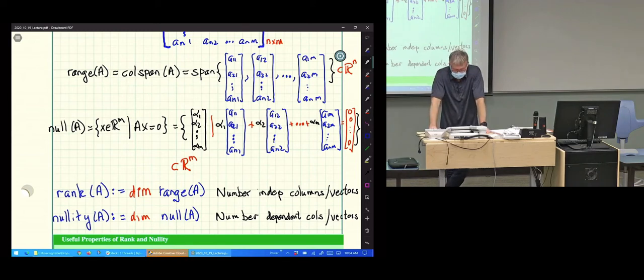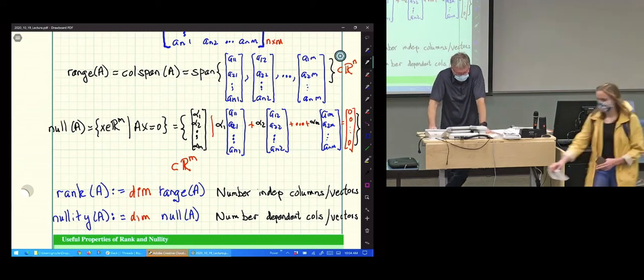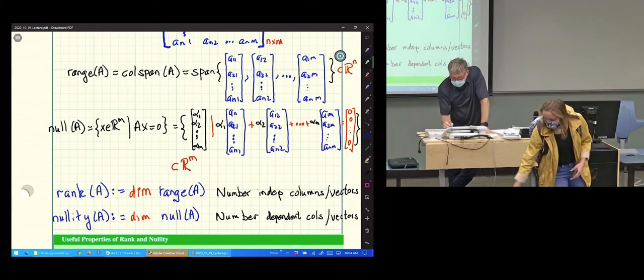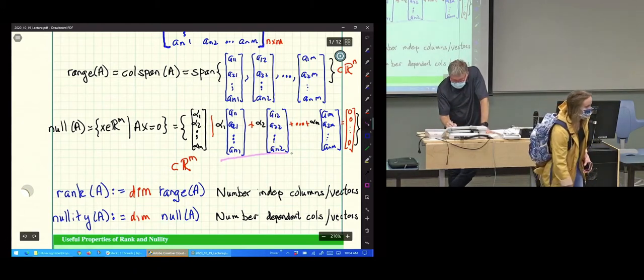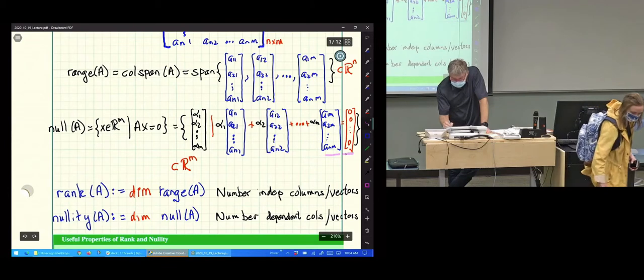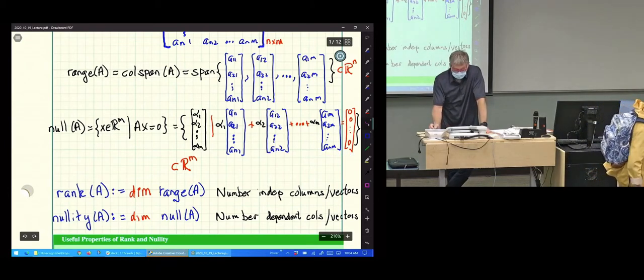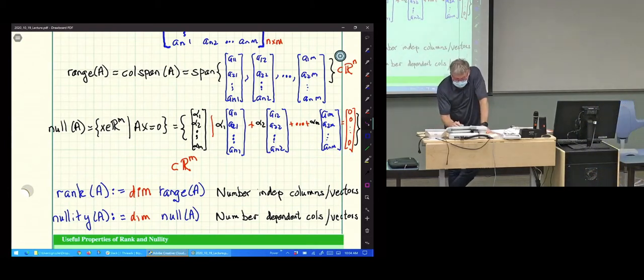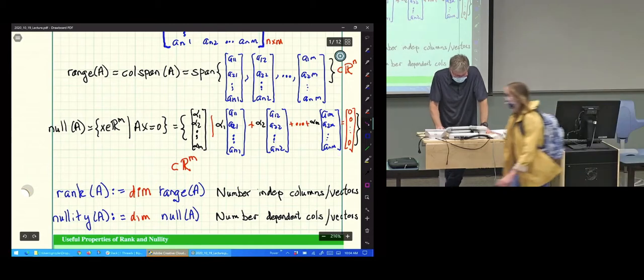The way you get a non-trivial vector in the null space is you do a linear combination of the columns of A and get the 0 vector in Rn. If you can do that with some of the coefficients being non-zero, then these vectors are linearly dependent.